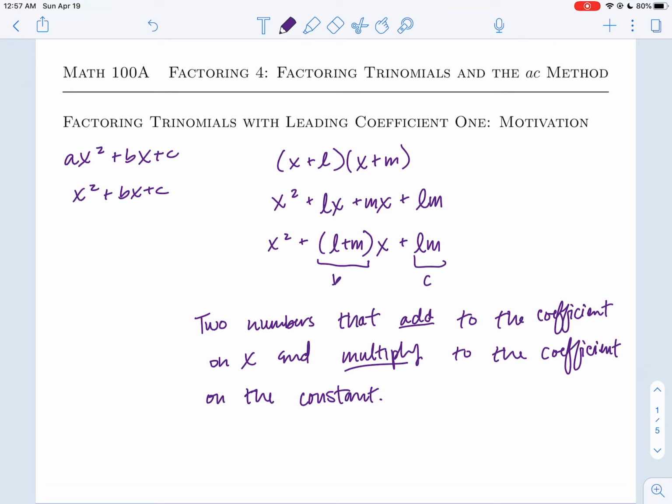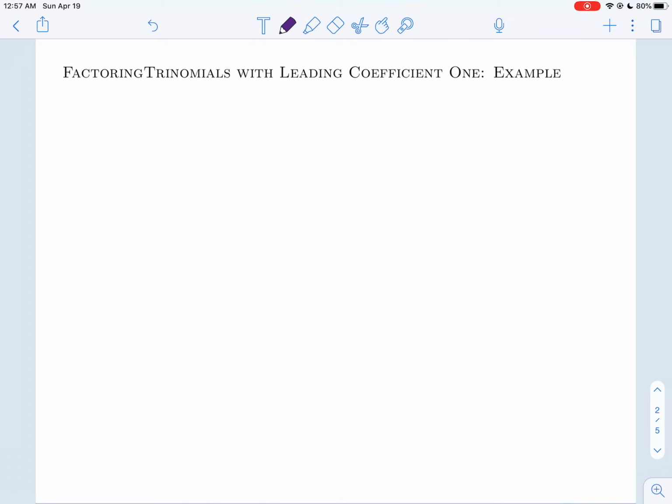Remember, that constant term is just the term that doesn't have any variable on it. Okay, so this was mainly some motivation as to why we're going to do what we're going to do. Let's go ahead and look at actually trying to factor one of these.